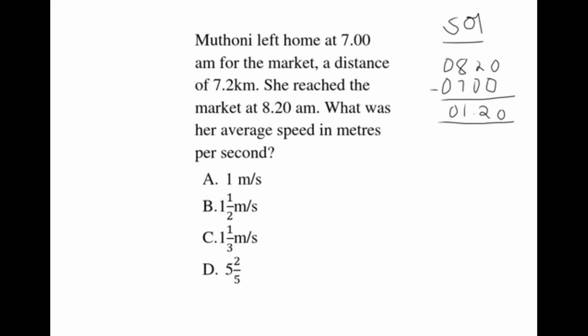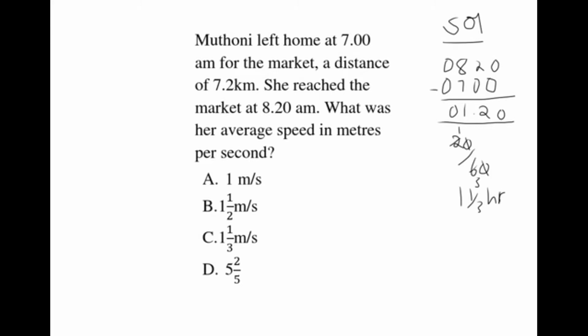Therefore, these 20 minutes, 20 over 60. Let's see, we can say they are how many hours? 0 will cancel 0, by 2, 1, by 2, 3. So we have 1 and 1 over 3 hours. That was the time which Muthoni took.